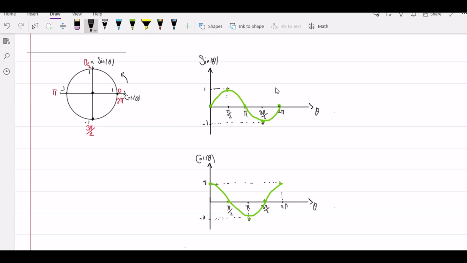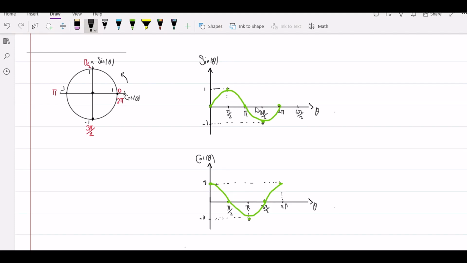Now, what happens if you want to move forward and continue getting the values for sine and cosine for thetas more than 2 pi? As we mentioned before, we proceed with increments of pi over 2. If we want to continue, after 2 pi, plus pi over 2 would get us to 5 pi over 2.